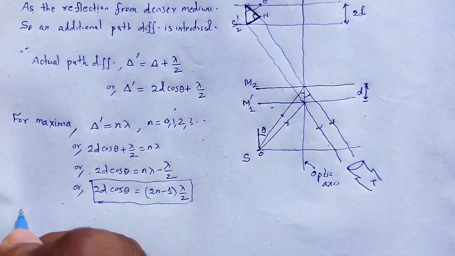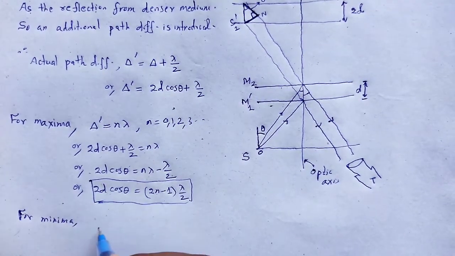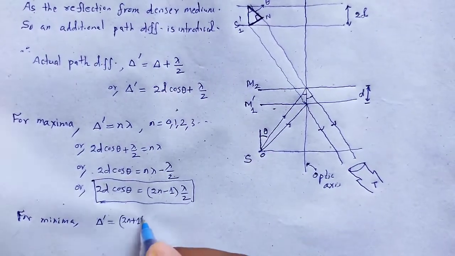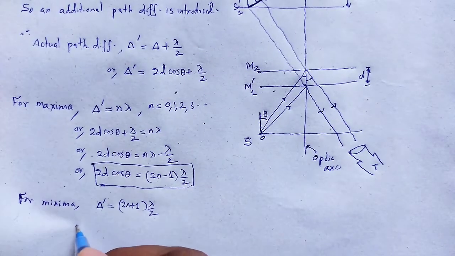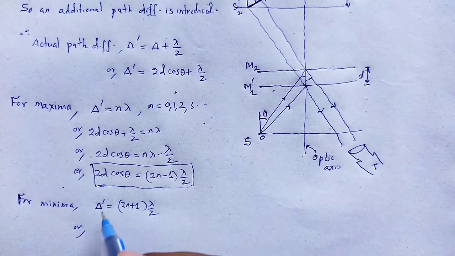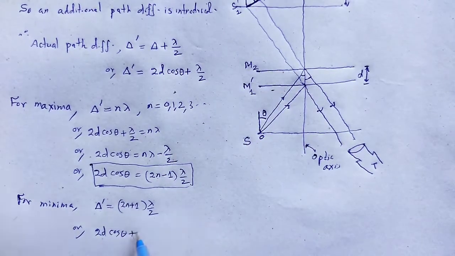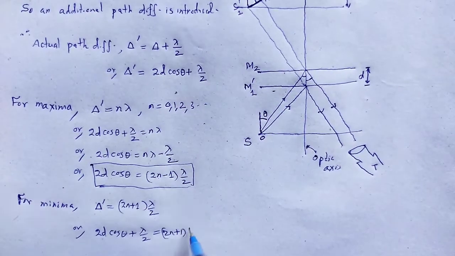Similarly, for minima, the path difference is an odd multiple of lambda by 2. Putting the value here, 2d cos theta plus lambda by 2 is equal to (2n plus 1) lambda by 2.